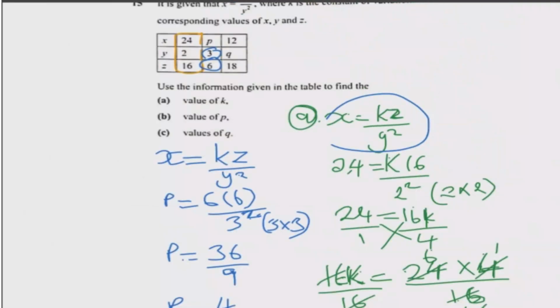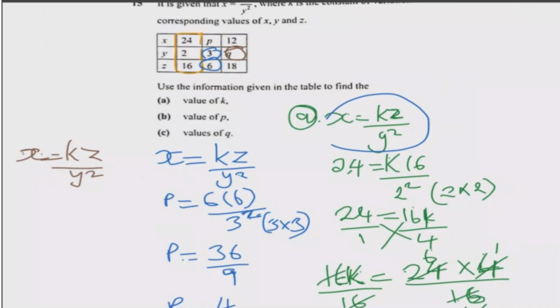We come to question C, which is to find the value of q. Q is here, so we want to find the value of q, which is the value of y. We're going to use the same relationship that is given in the statement, which is x is equal to k z over y squared.